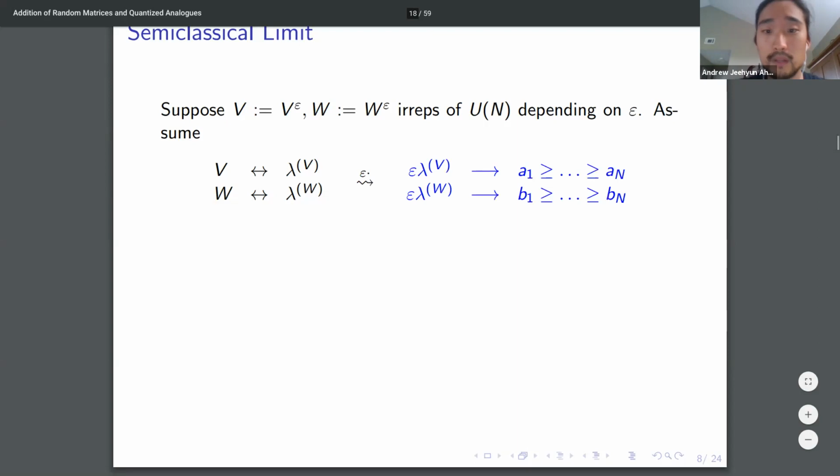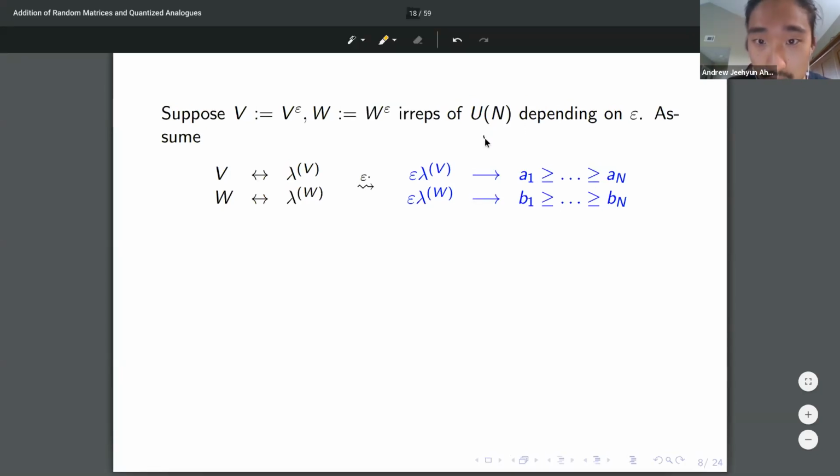And we'll assume that we have the following convergence. We'll take lambda V, which is sitting in Z^n, and multiply it by epsilon, so now it's sitting in epsilon Z^n. Here V is varying with epsilon.